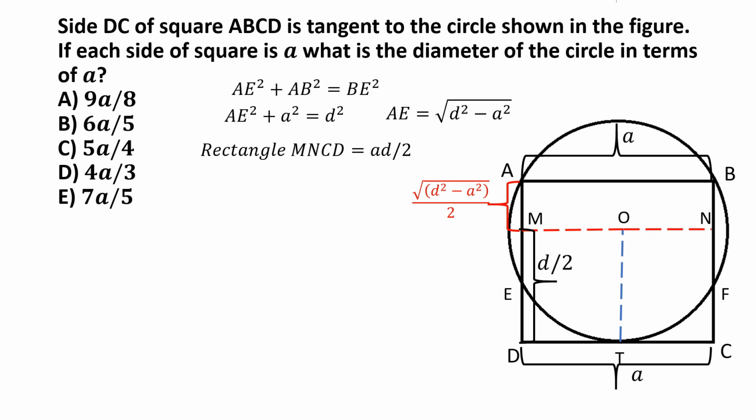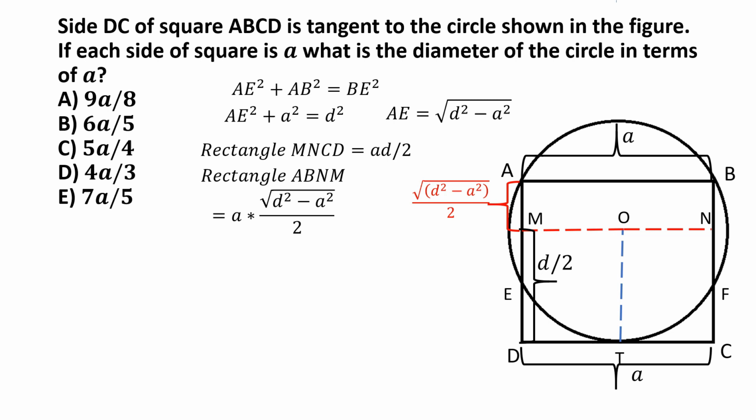We know what its sides are already. They're already marked in the figure, right? One of the sides is A, the other side is root over D square minus A square divided by 2. So the area of the rectangle ABNM will be simply A multiplied by square root of D square minus A square, and then divided by 2.